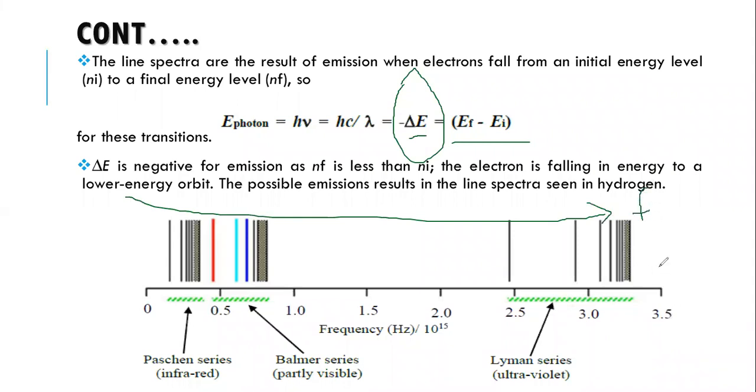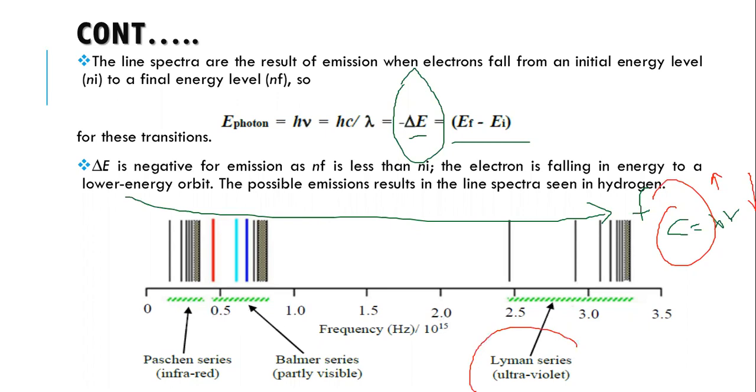You know the relationship c equals lambda nu. When you take c as constant, as your wavelength lambda increases, the frequency should decrease. According to this, you can have an idea about that.